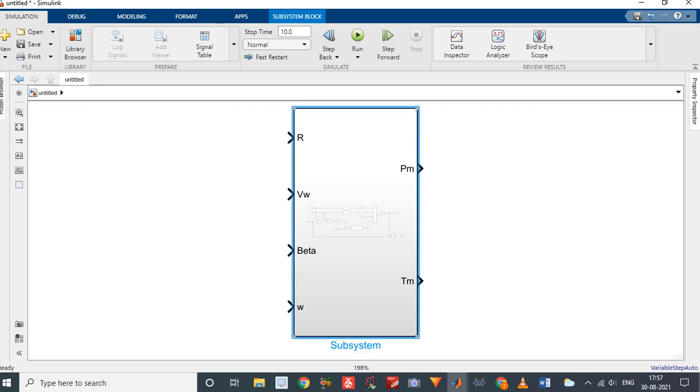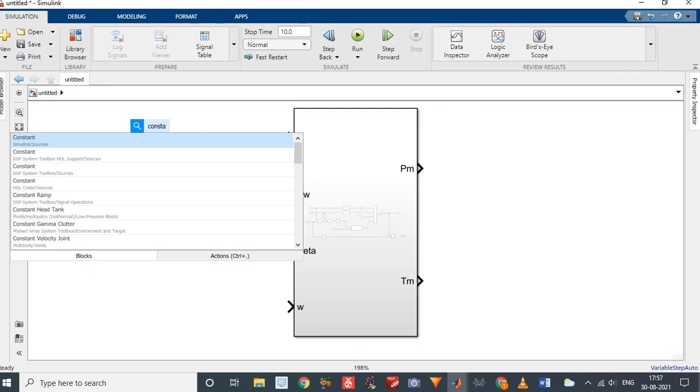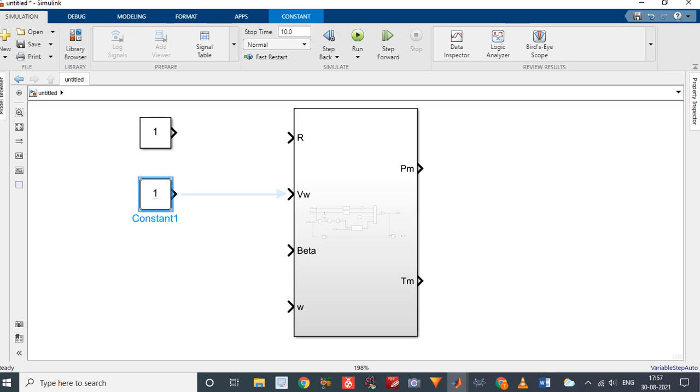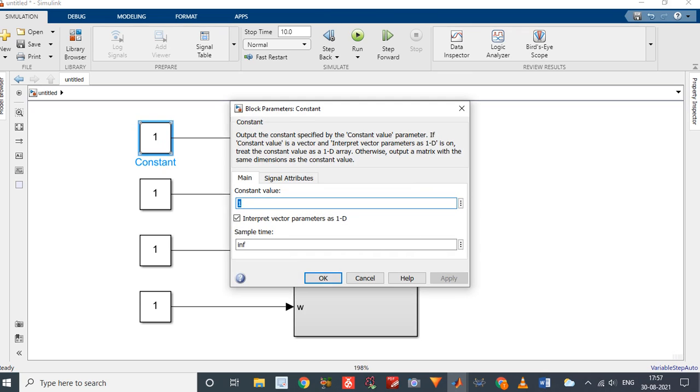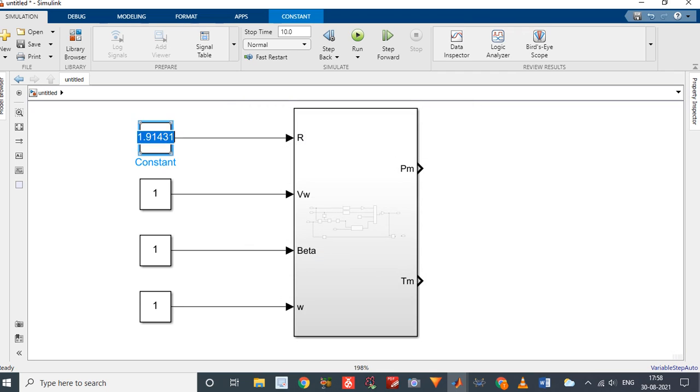Now I have to give the values for the turbine. For that I have to call constants 1, 2, 3, 4. First I am giving the rotor radius, already we know the value for R, 1.91431. Apply.